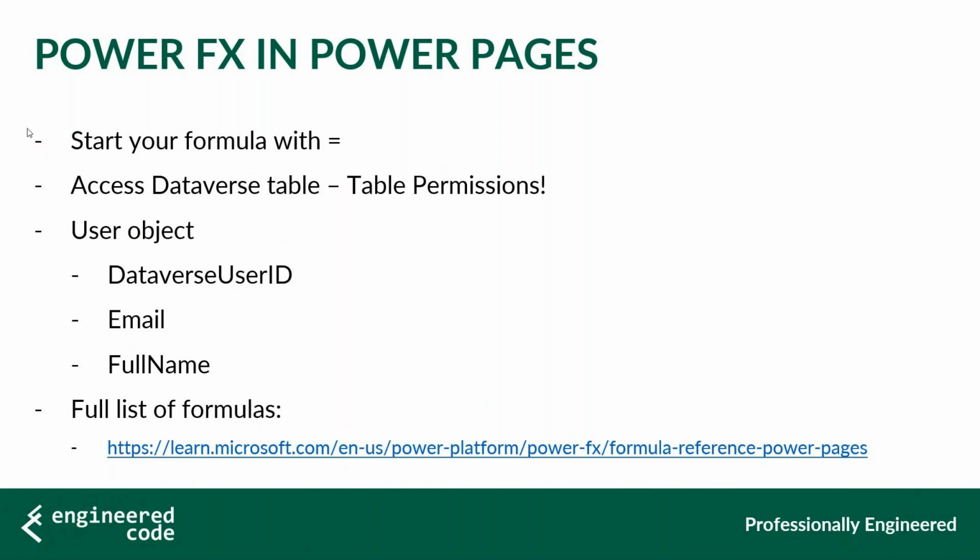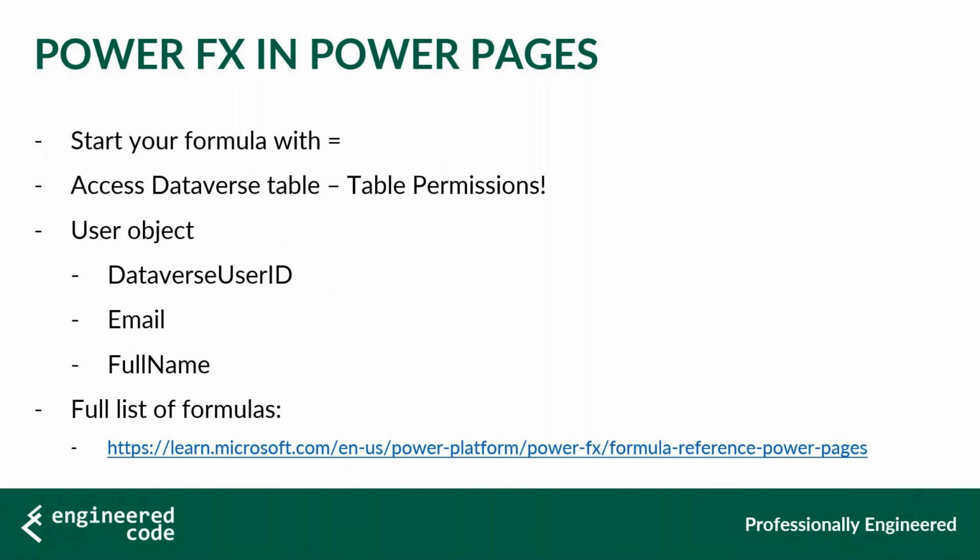There is a special object that you get access to when you're using PowerFX with Power Pages, and that is the user object. There's a user function that I believe exists in, say, Canvas apps, where you can get access to the person who's running the app, and that's more the Entra ID or Azure AD user.